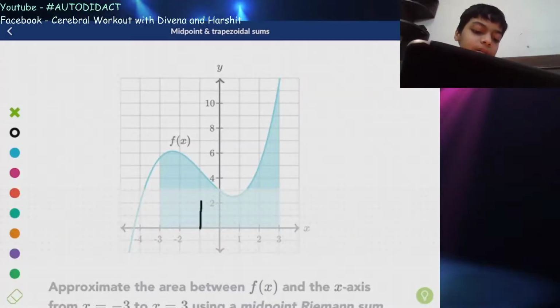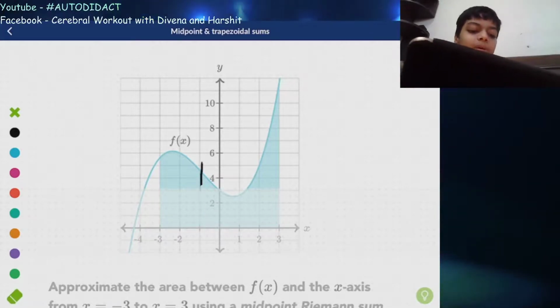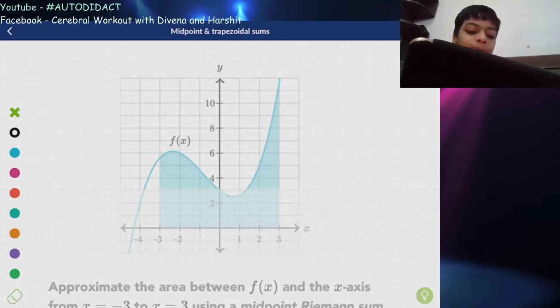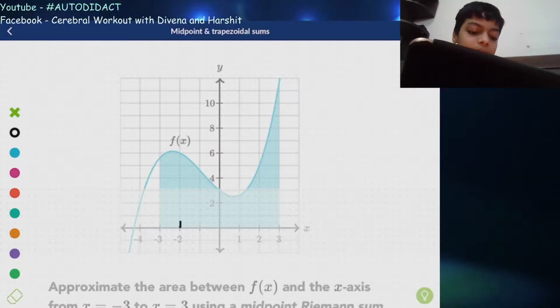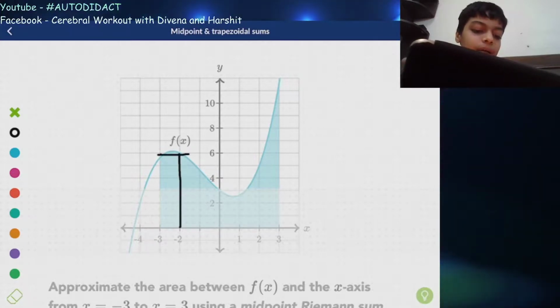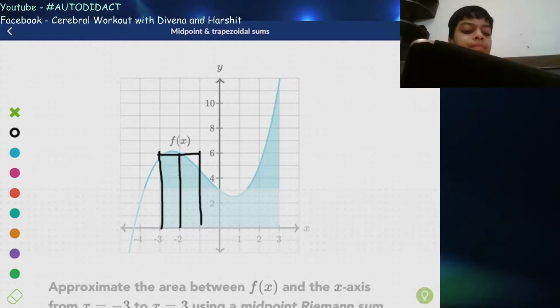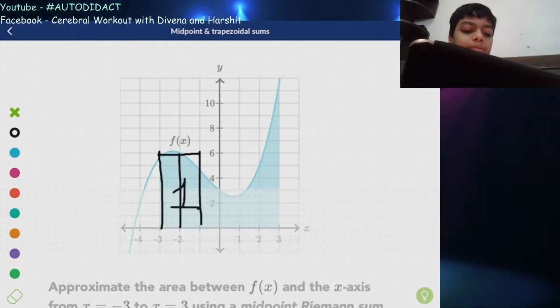So this is the right boundary, but we have to find according to the midpoint boundary. So this is the midpoint boundary of this one, and we just join it, so this will be a rectangle. This is one rectangle.